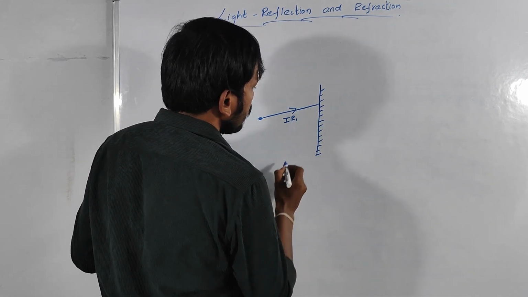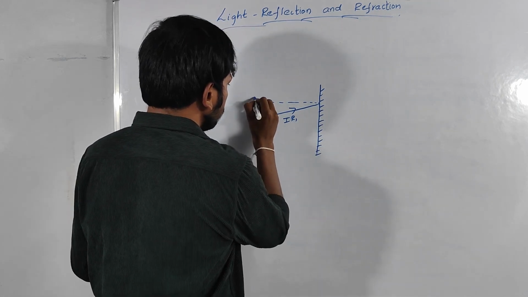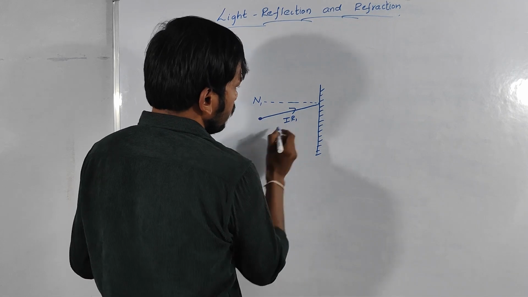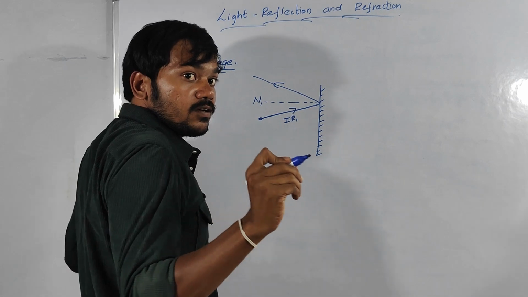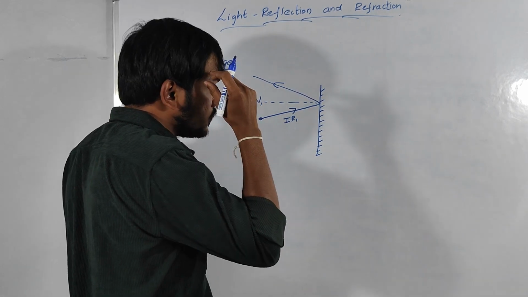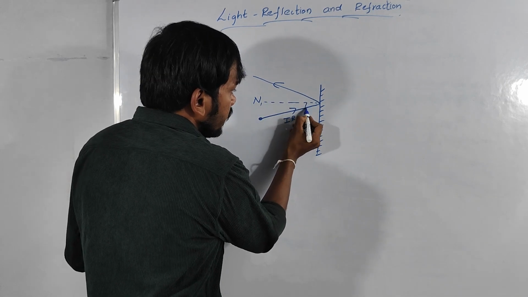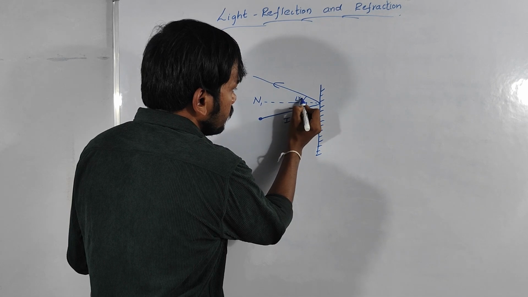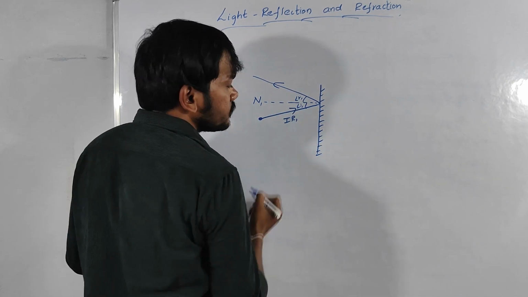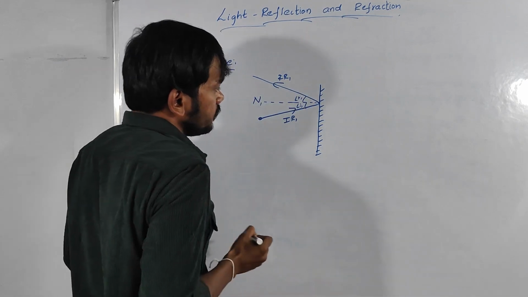So obviously there should be a normal here always, which is N1, and this will have a reflected ray following the laws of reflection. Always keep in mind, you have to draw in such a way that angle I1 is equal to angle R1. So this is RR1, reflected ray 1.